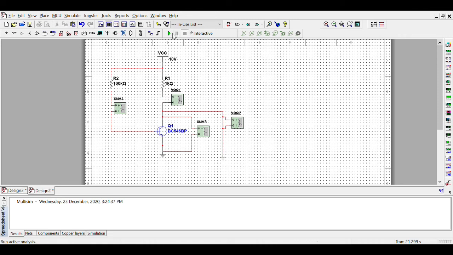So first thing is run. For IB we get 10 milliampere. IC we get 93.548 microampere. VCE we get 0 volt. And lastly, Vout we get 0 volt.